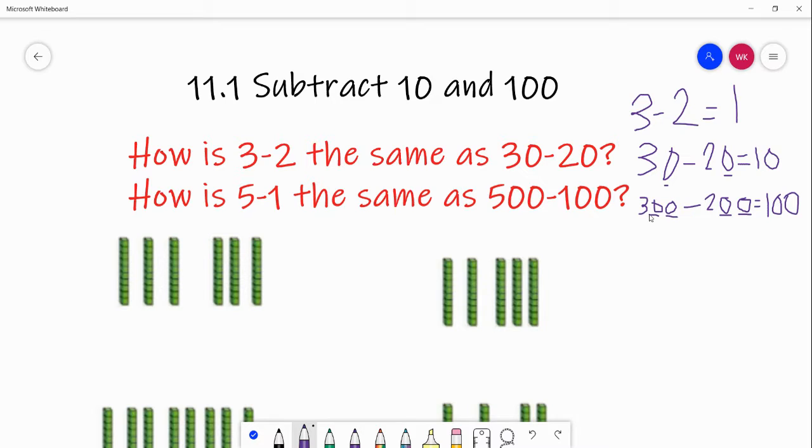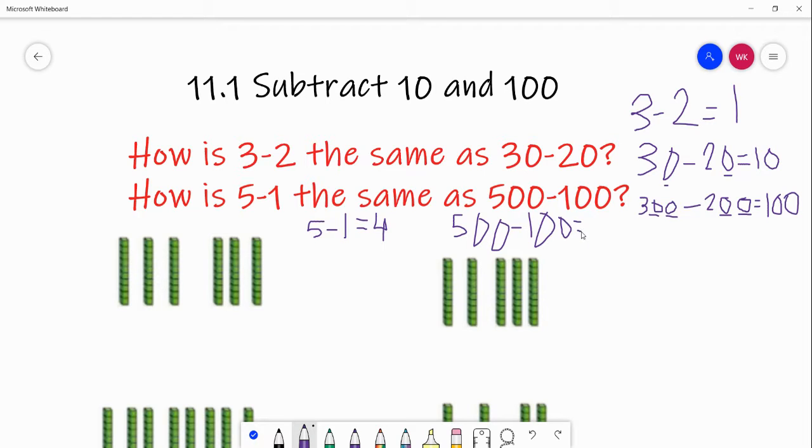Now my next question to you is, now that I just explained this, how is 5 minus 1 the same as 500 minus 100, right? So 5 minus 1 equals 4. We know that off the top of our heads. Now we can figure out what 500 minus 100 is, because you know that 5 minus 1 equals 4.